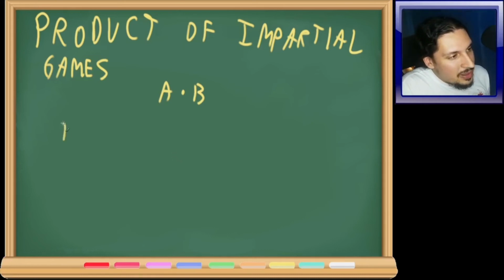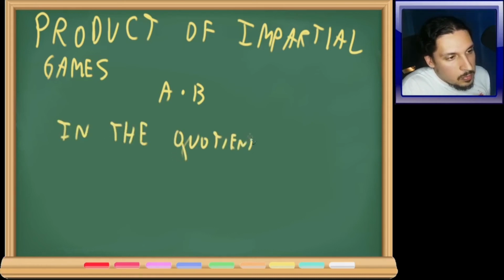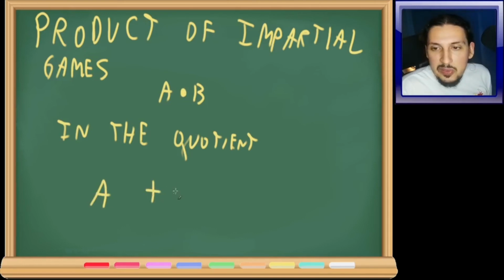Basically, if you work in the quotient, that means you're working with game equivalence and not caring about the exact form, because these games are so huge and so complicated that I don't know their forms anymore. But if all you care about is whether 2 games are equivalent or not, then this operator, well, I'm calling it a product, and there's a reason for it. It actually works as a product with the normal sum of games.